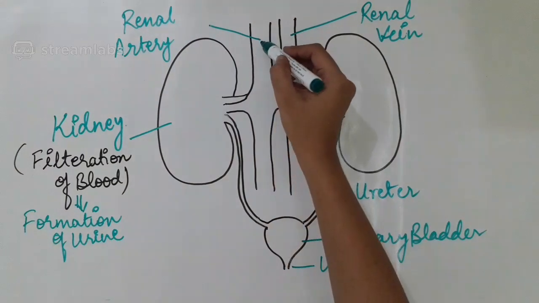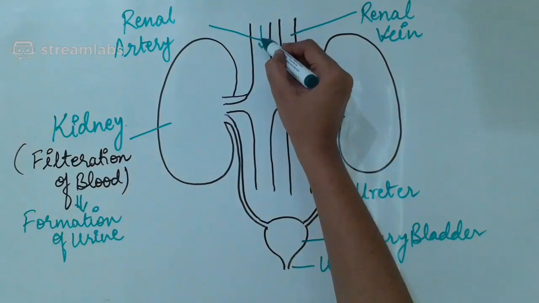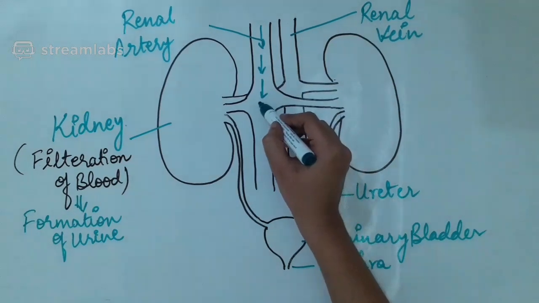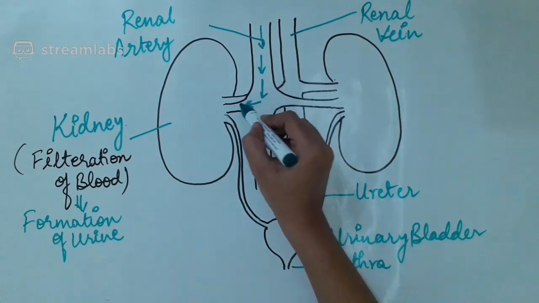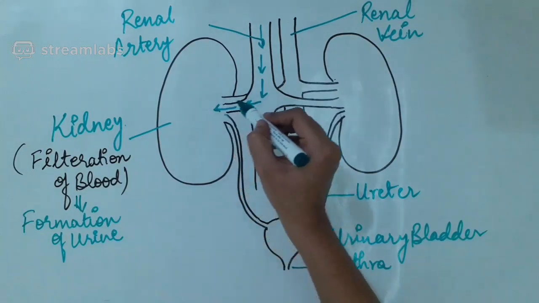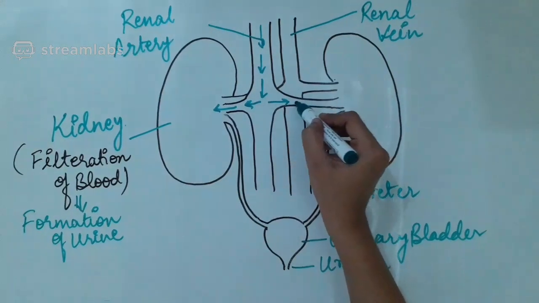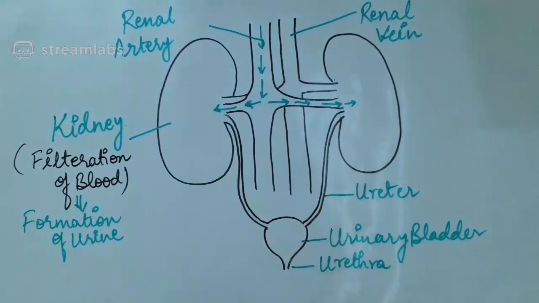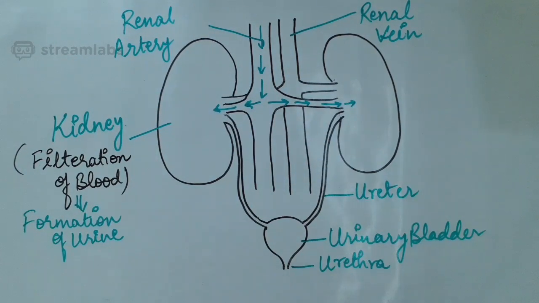The renal artery is carrying the blood which is having the nitrogenous waste inside it. Renal artery helps in the transportation of blood to the kidneys.